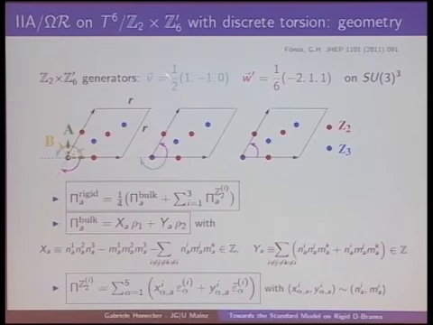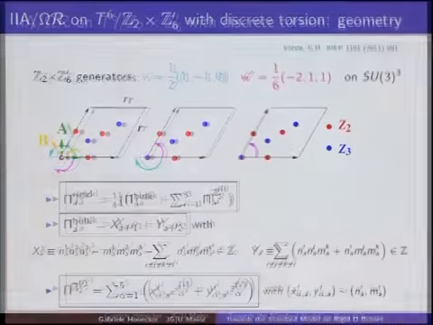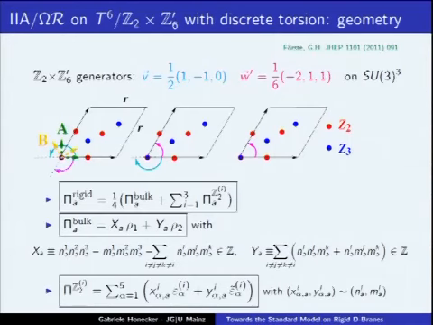You have these 2 generators of the Z2 and the Z6 prime, which I've denoted in pink and in bright blue. And then since we have an orientifold, we have 2 orientations of each 2-torus lattice, which respects the orientifold. It's either the orientifold plane is lying along the horizontal direction, or it's lying along the diagonal direction.